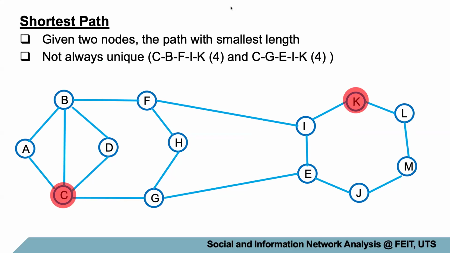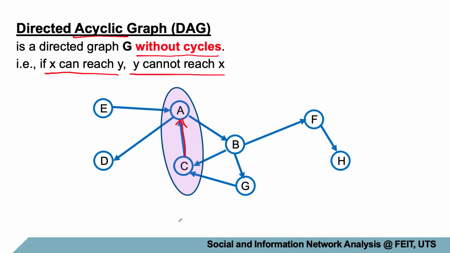Oh, there's another question. Let's see, in the DAG part, the question is why the highlighted part is not a cycle.